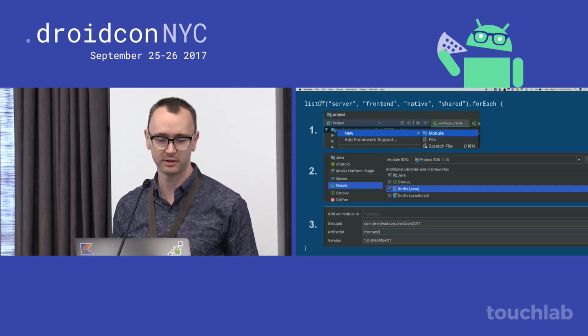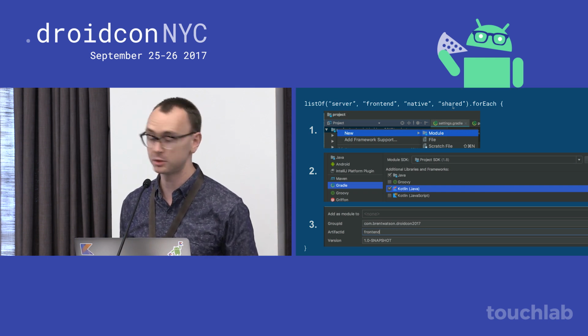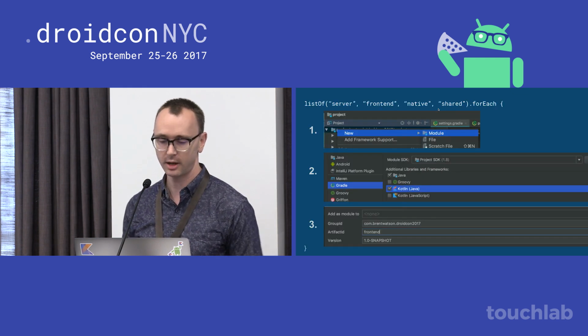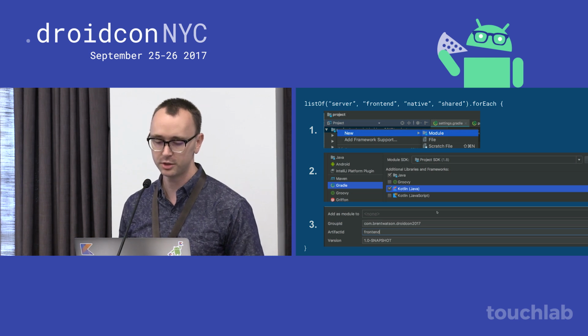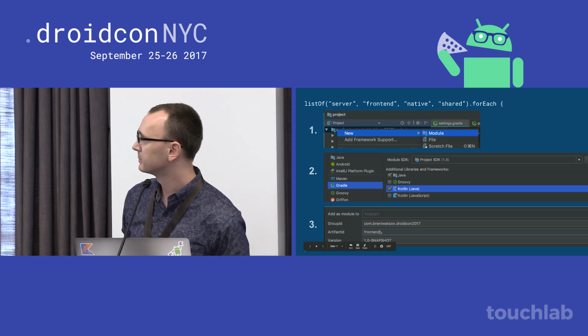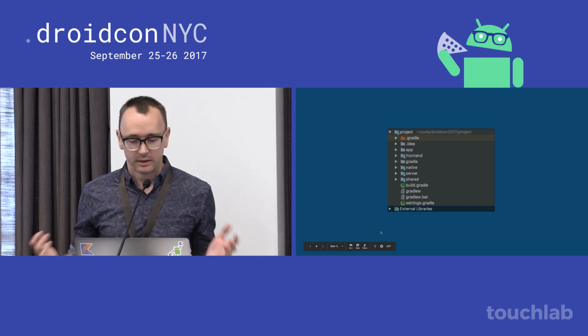For each of server, front end, native, and shared, we're going to create a new module, make it a new Gradle module. For server, you're going to pick Kotlin Java. For front end, you're going to do Kotlin JavaScript. Just name it the right thing. All right. So that's already done.